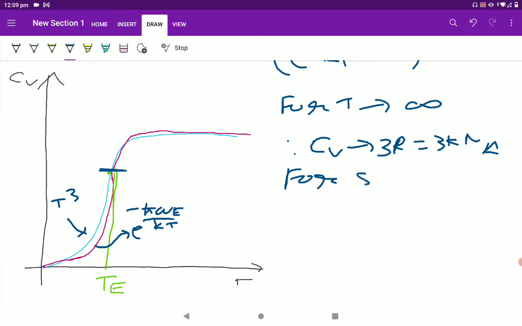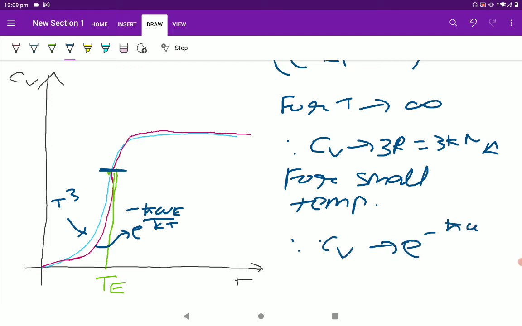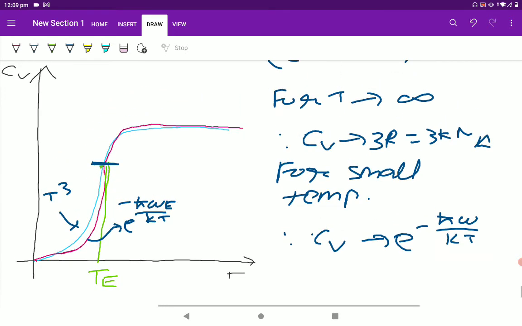For small temperature, the specific heat C_V decreases towards zero exponentially. So we can say that at lower temperature, the Einstein model underestimates the real value of specific heat.